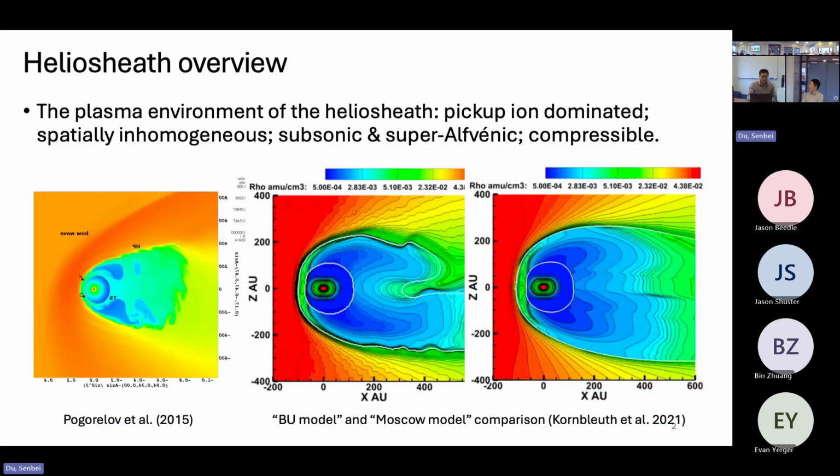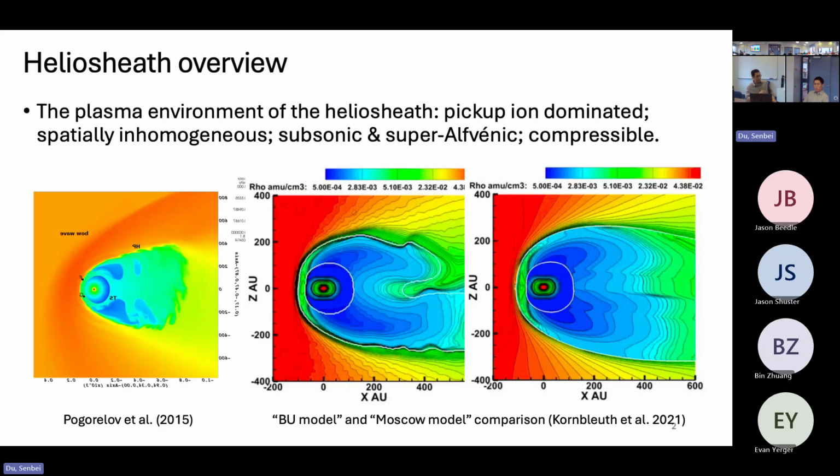If you've been working on the heliosphere or the outer heliosphere, you are probably somewhat aware of the debate about the shape of the heliosphere, and that's what these figures are about. These are global heliosphere simulations from different models.